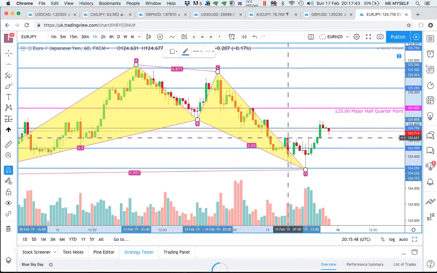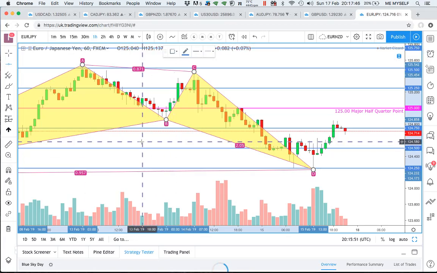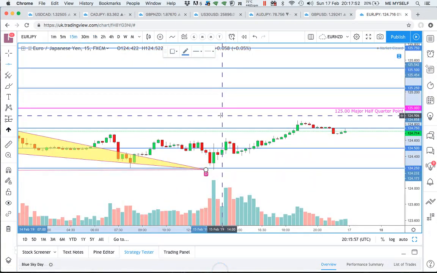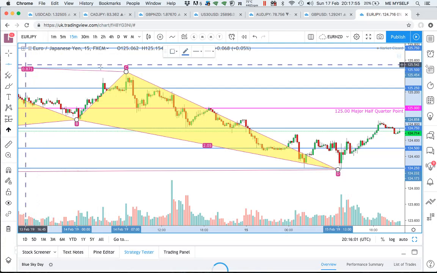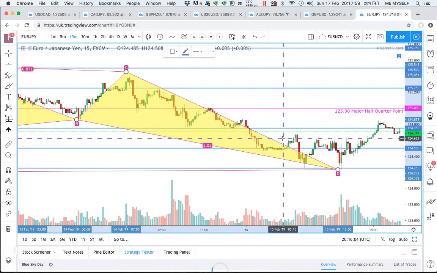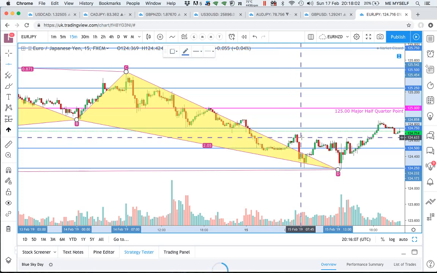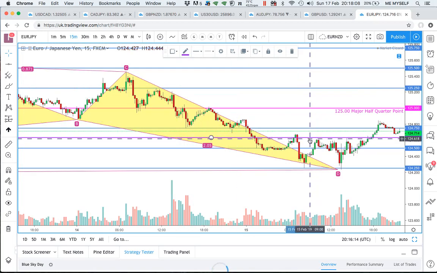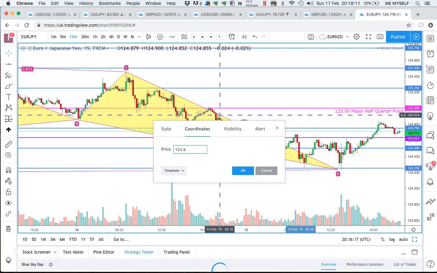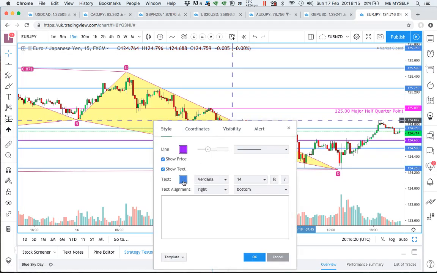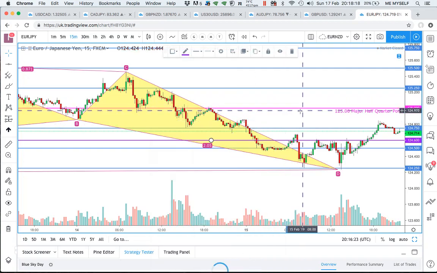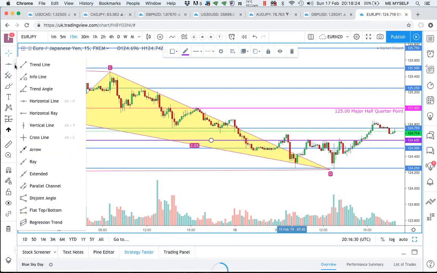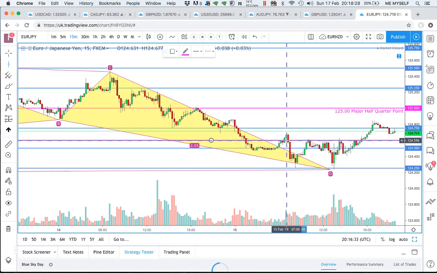Let's plot the price that this thing was called at again. 124.60, and it was called at 7:15, 7:20, around that time, vertical, right? 7:15 in the morning.